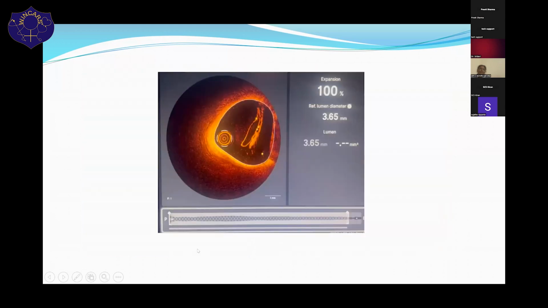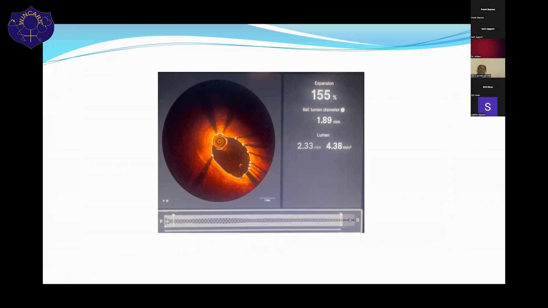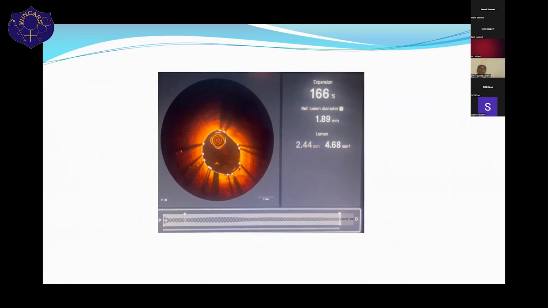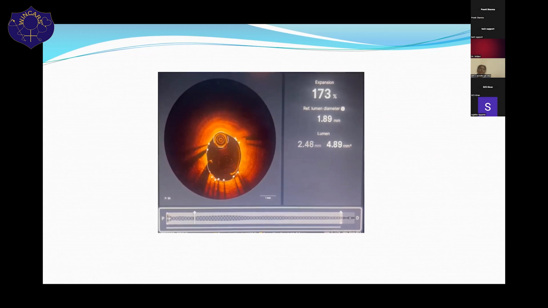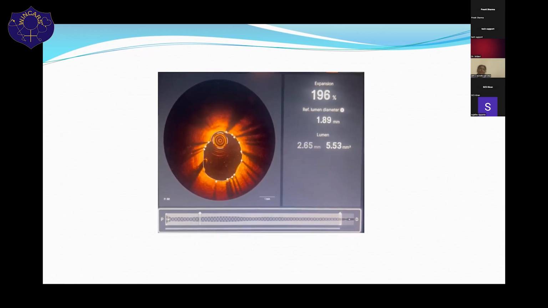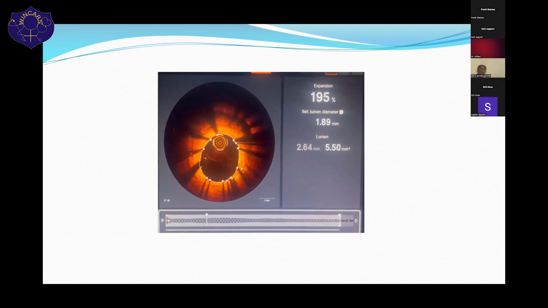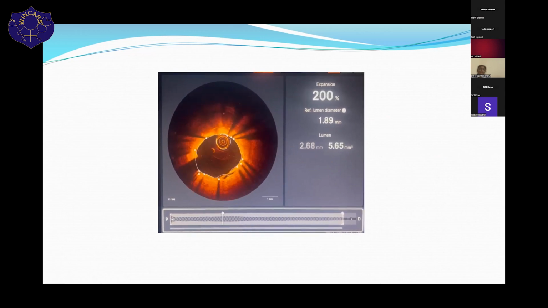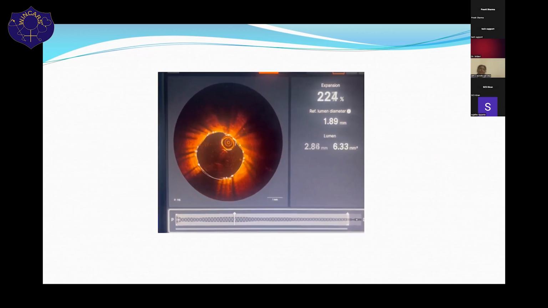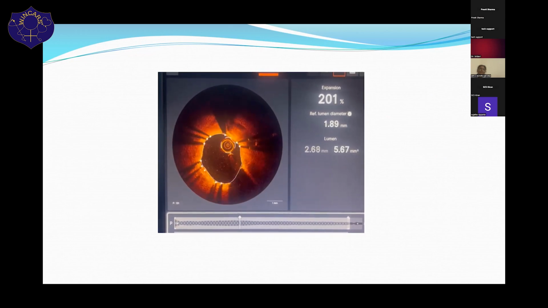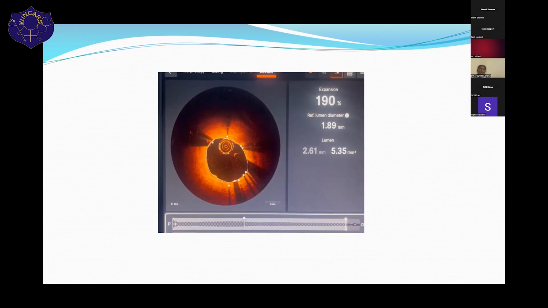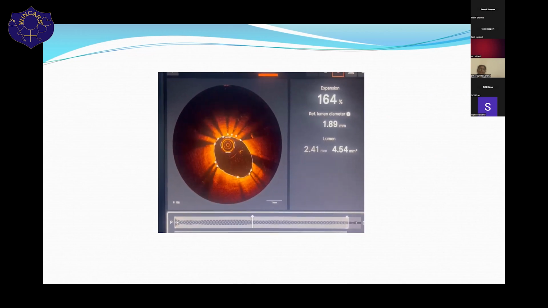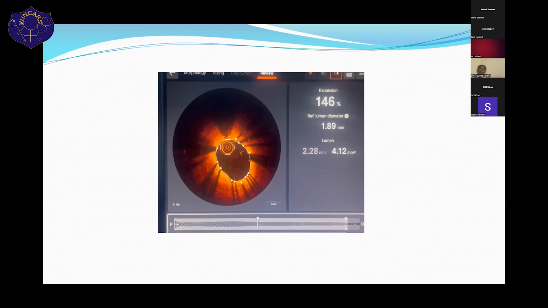So this is after stenting, we took an OCT run. So this is again from proximal to distal. We found some areas of under expansion even after post dilatation.